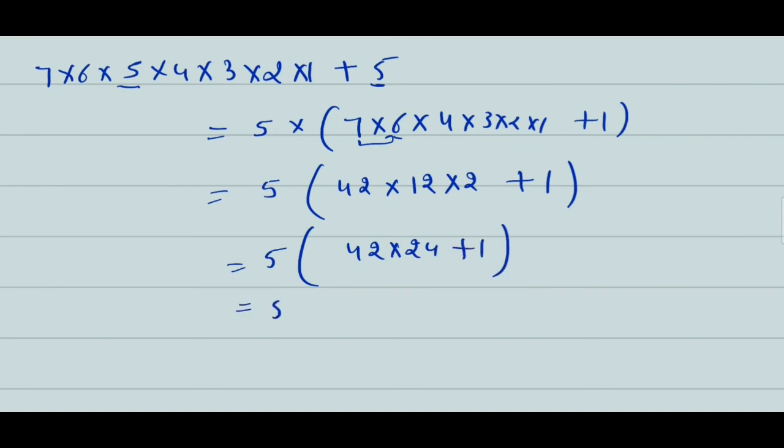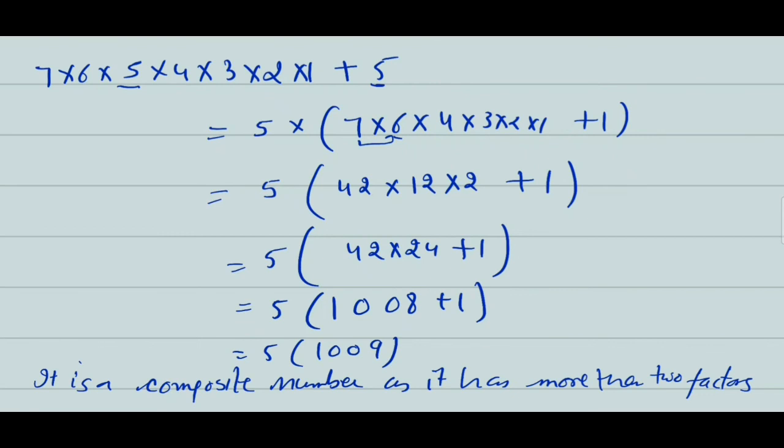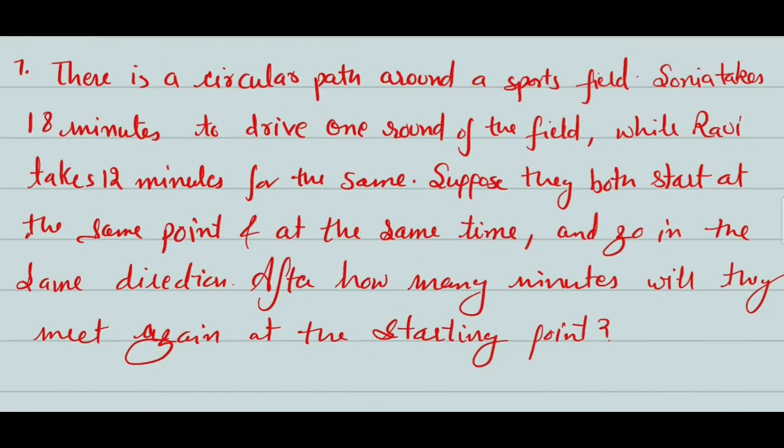After multiplying we will get 5 into 1008 plus 1, so this will become 5 into 1009. So here also it is a composite number as it has more than 2 factors.